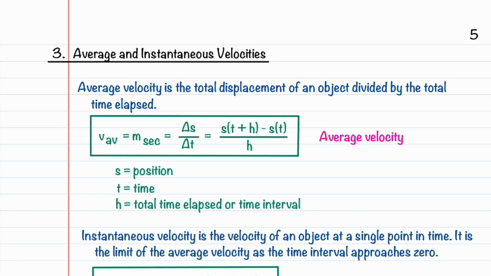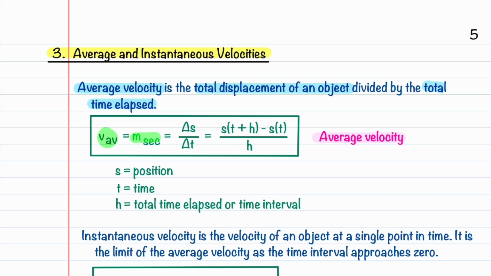We're now going to learn how to find average and instantaneous velocities. Average velocity is the total displacement of an object divided by the total time elapsed. I've written down our formula for average velocity. It's notated as v sub av.